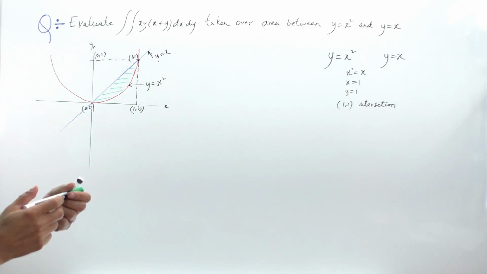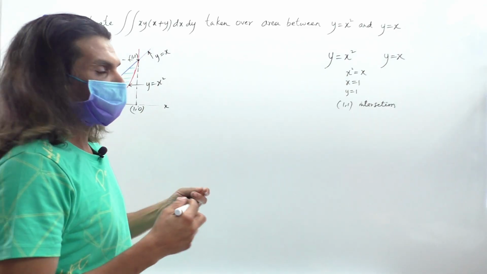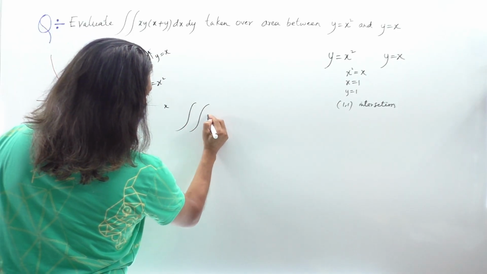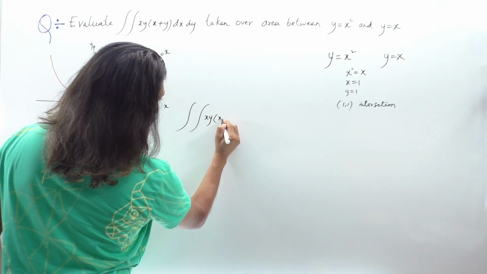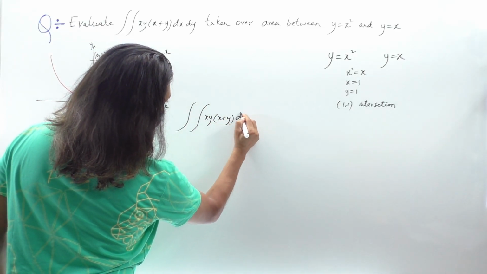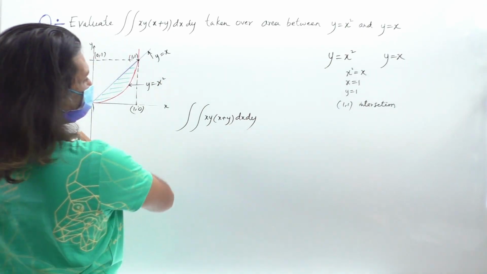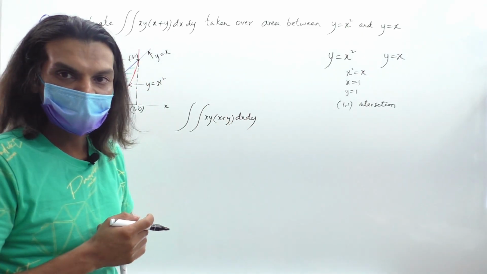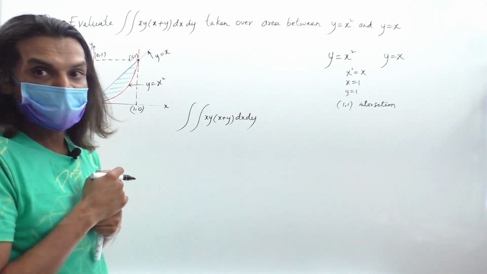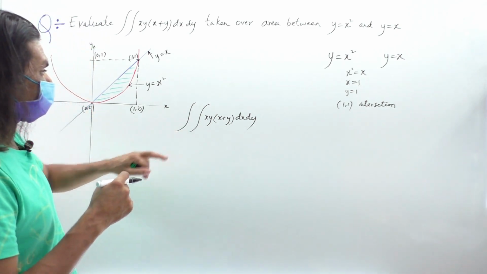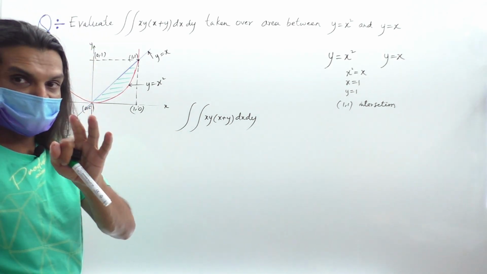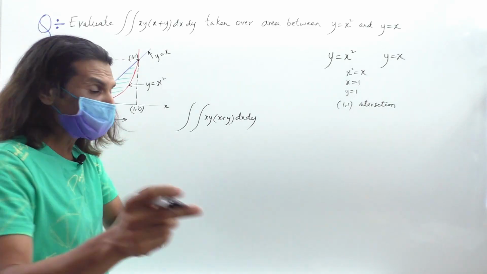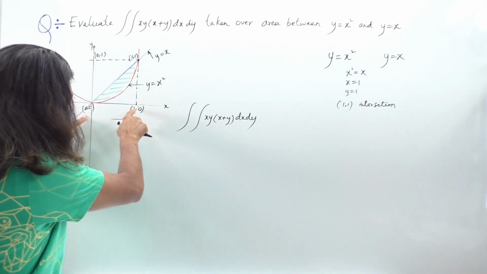Okay, now it will be very easy if you go along the x-axis. So I have here double integration of xy into x plus y dx dy. So let's give them the coordinates, the points. So first, as I told you, we start with x, we go like this. So from where to where do we go? x is 0 to 1.